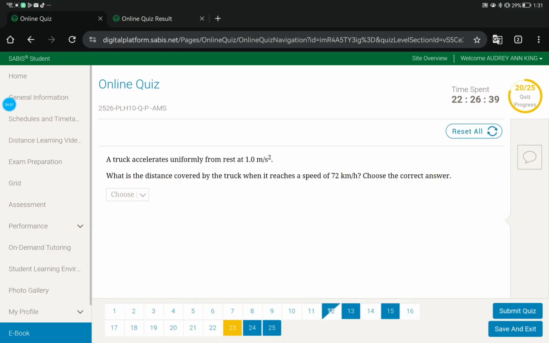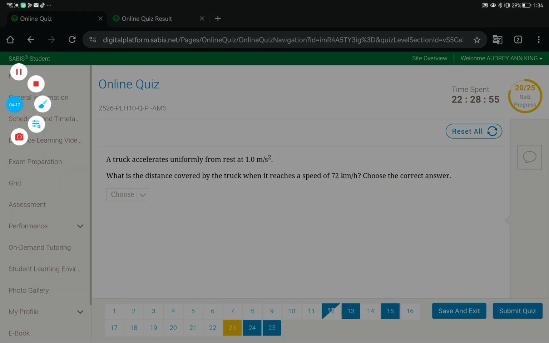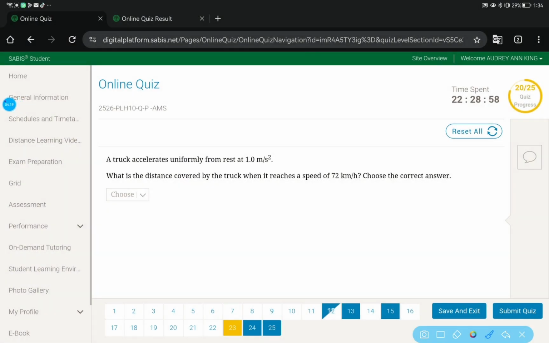A truck accelerates uniformly from rest at 1 meters per second squared. What is the distance covered by the truck when it reaches a speed of 72 kilometers per hour? Choose the correct answer. So we need to first convert 72 kilometers per hour into meters per second.